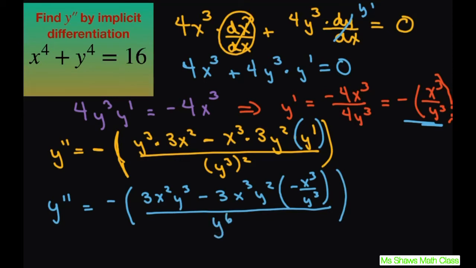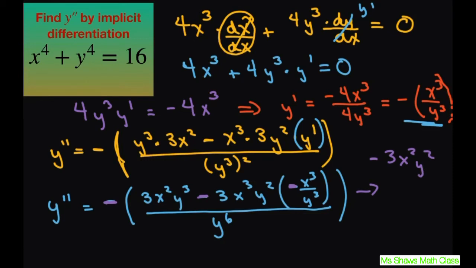Okay, the next step I'm going to do is, I still have my negative here. Notice that these two negatives are going to make a positive, and I'm going to factor out a 3x squared y squared. So I'm going to be factoring out on the next slide negative, we already have the negative, but 3x squared y squared.